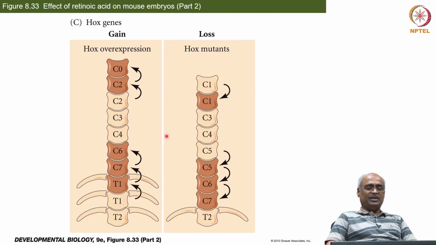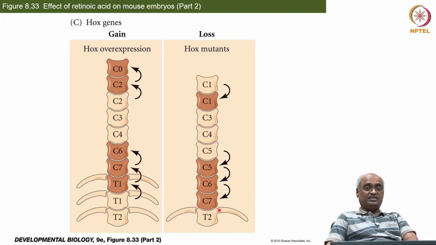So as a result, when you increase a posterior gene expression, then it shifts anteriorly because it suppresses the anterior gene expression, and therefore the posterior expression domain shifts anteriorly, leading to posterior structures developing anteriorly. That's how this becomes converted into additional rib forming thoracic vertebral column, and the opposite with the loss.